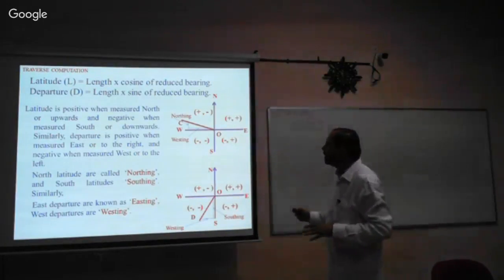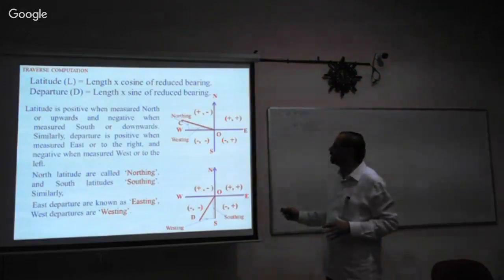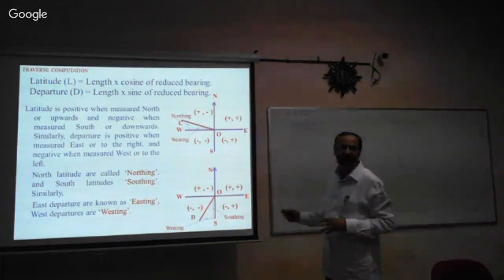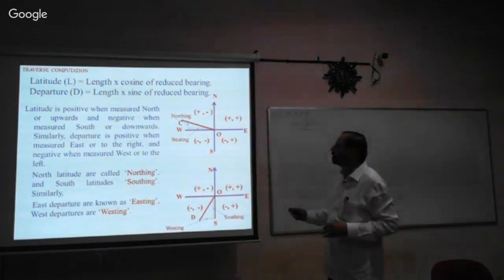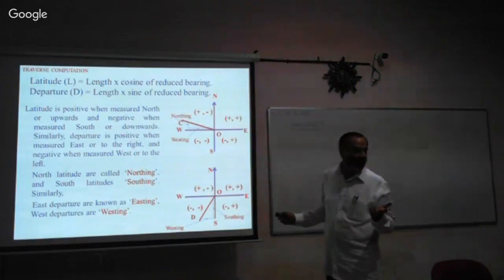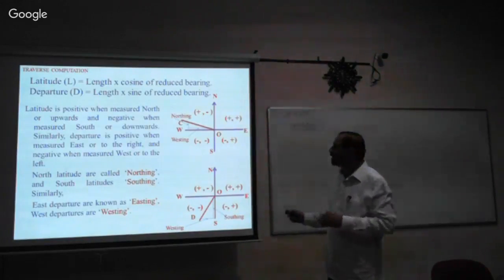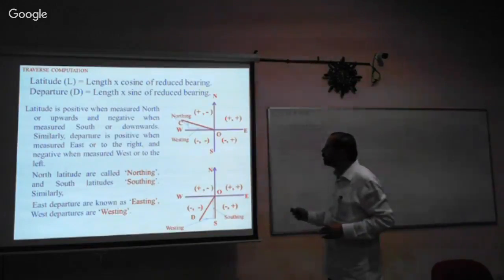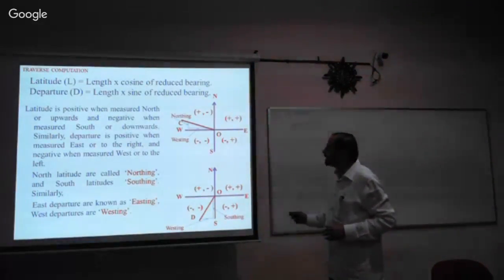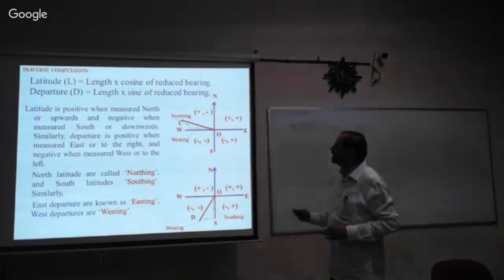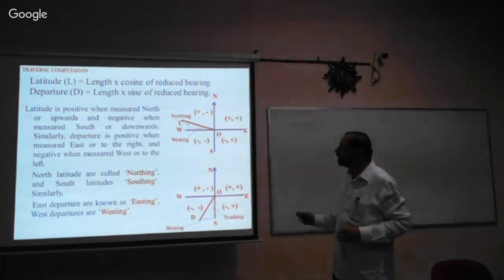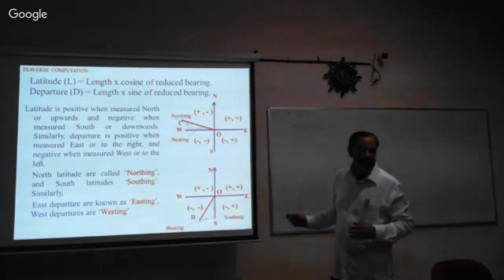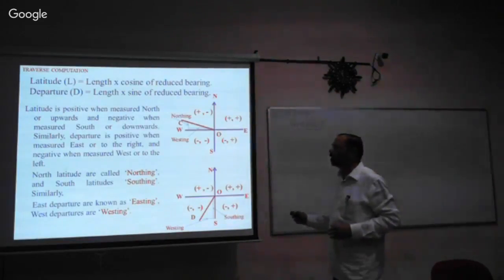If you measure this from C to O, then the direction changes: northing becomes southing, westing becomes easting. Therefore, for O to C, northing is positive and the departure is negative. Suppose you consider the survey line CO, we are running from C to O.